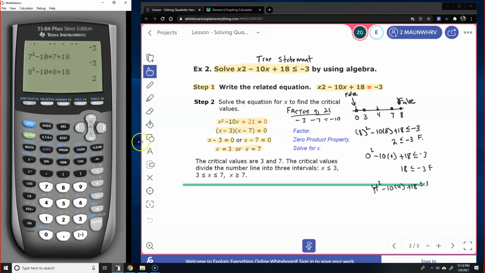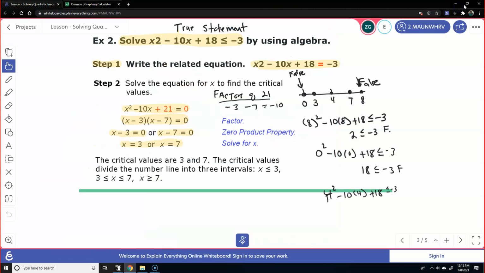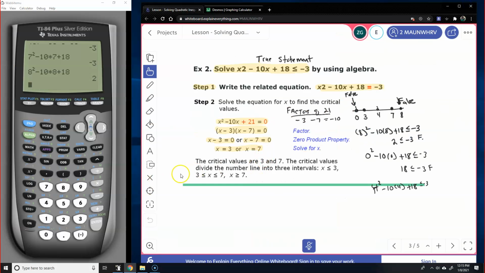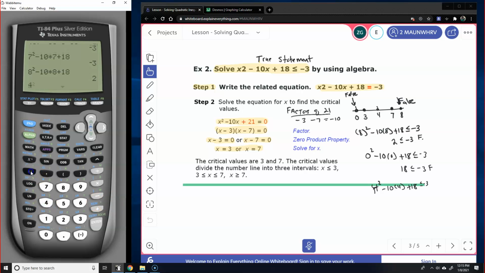So let me make this bigger here. We have 4 squared minus 10 times 4 plus 18, and we notice that it's negative 6. So is negative 6 less than or equal to negative 3? That's true.